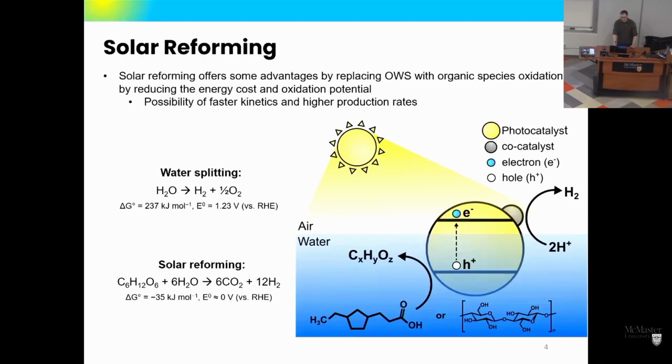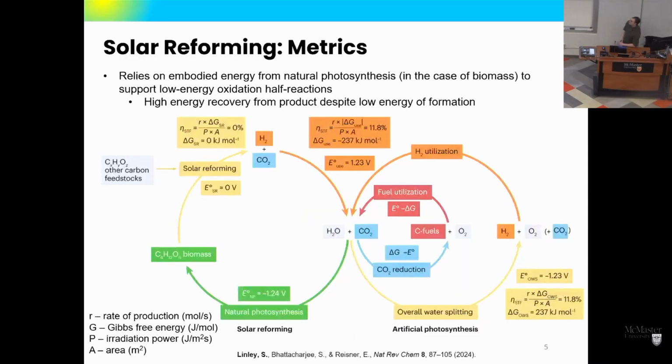But this also does a couple of weird things to our metrics. The traditional way of calculating the efficiency for these photocatalytic processes is to look at the Gibbs free energy of the reaction that was required to form our fuel compound.